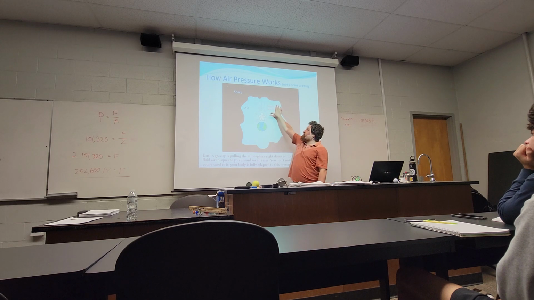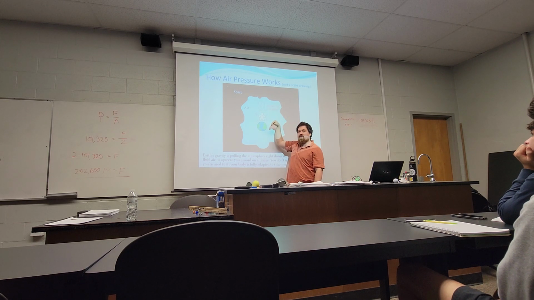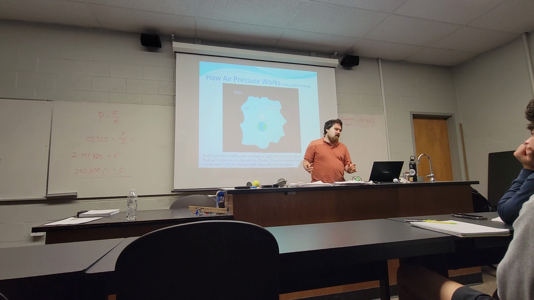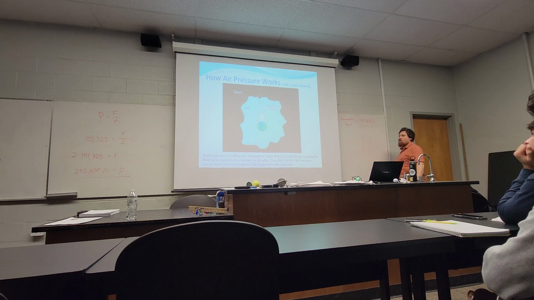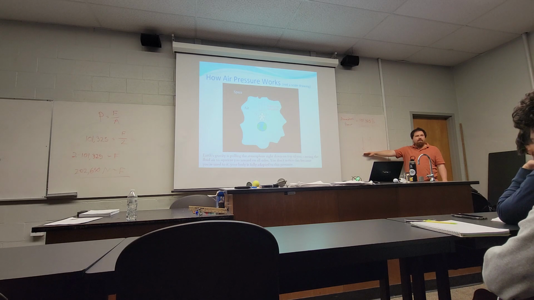So the net force from this pressure doesn't only point down, it pushes in all directions, because that's what pressure does. Pressure always exerts force either perpendicularly into or out of the surface area it's acting on. We're kind of back to normal force again. Air pressure will always point inward on your flat surface area.